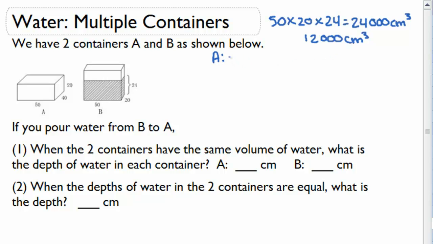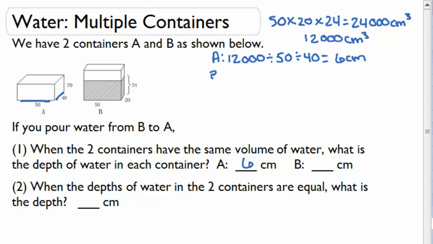For A, if we know that the total volume is 12,000, and we divide that by 50 and 40, for our length and our width, we'll end up with our depth, which is 6 centimeters.